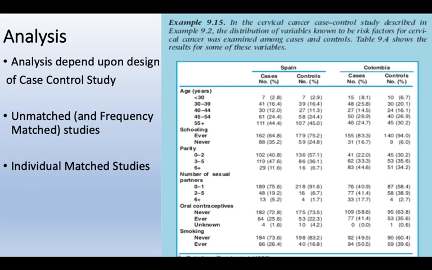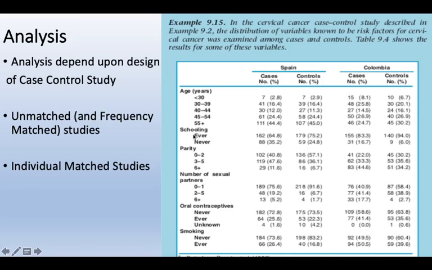For unmatched studies, we are going to calculate the odds ratio. For the calculation of the odds ratio, we pool both Spanish and Colombian cases together. In the next slide I am going to pool 162 plus 155, so the cases are pooled here. These are the total number of cases.